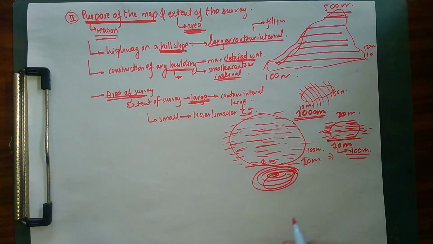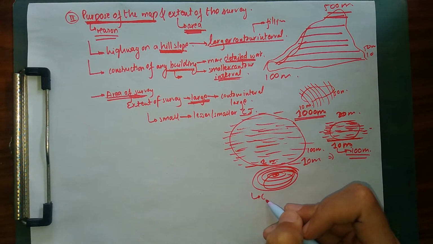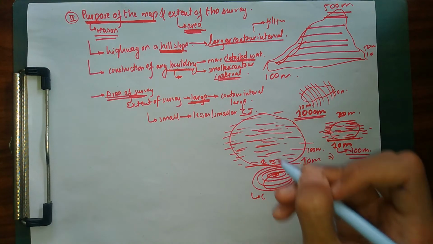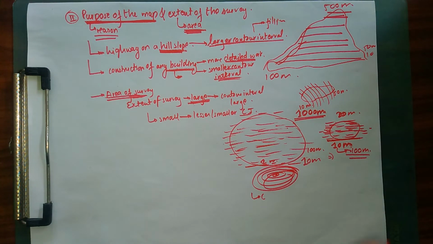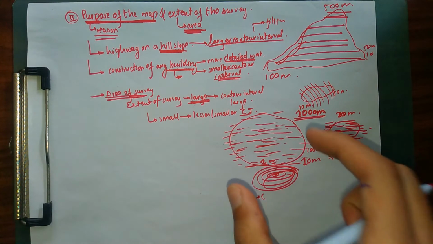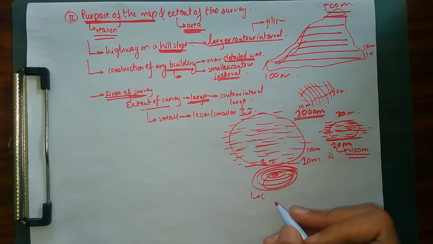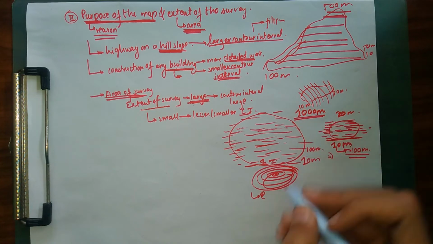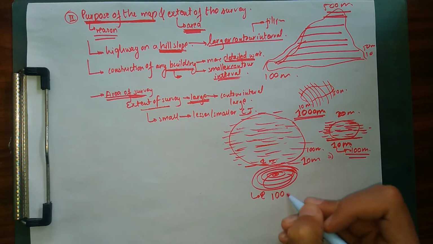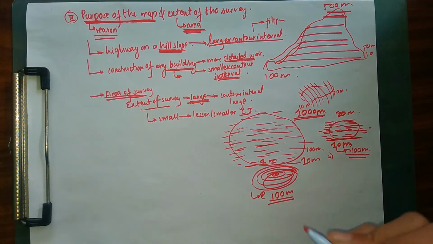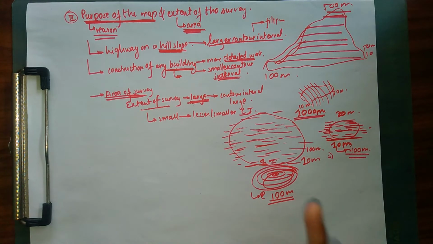In such a case I'm not going to get a proper idea of my terrain. But for my larger area, where the extent of survey is large, if I use a larger contour interval of 100 meters, I'm going to get a proper idea of the terrain, and there are not going to be too many contour lines.